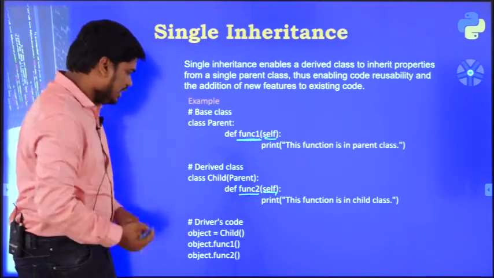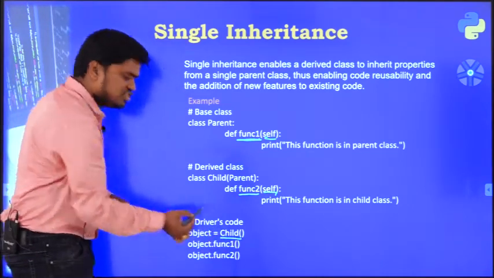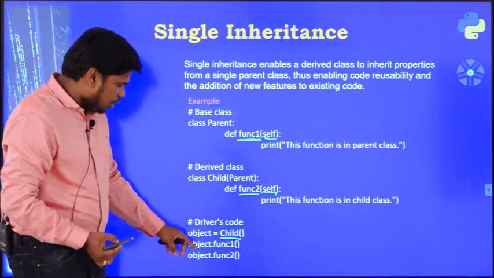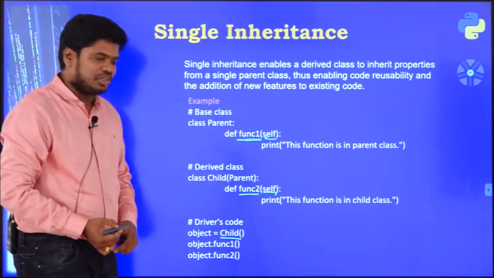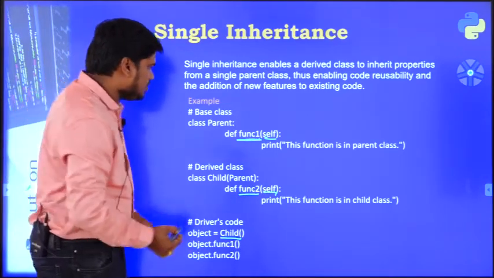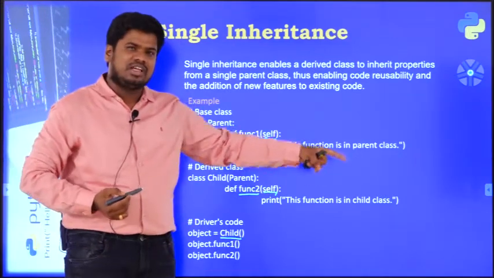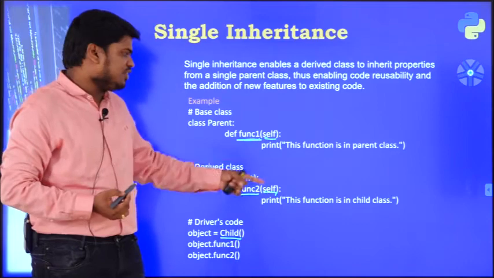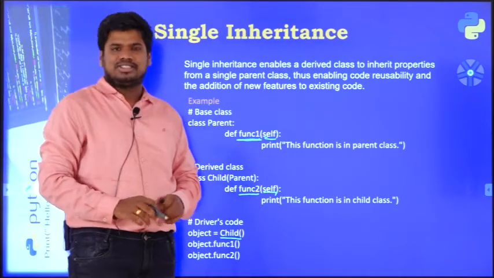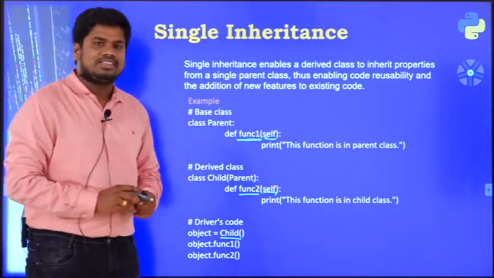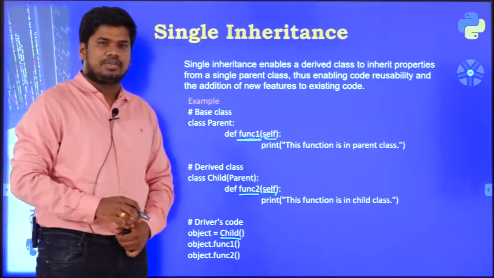I have created the object of the child, and with that object I am calling function1 and function2. As a result, the output will be: this function is in a parent class, and this function is in a child class. Simple, that's it. There is no more complexity in the single inheritance concept.